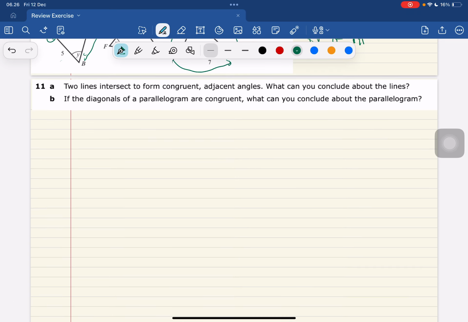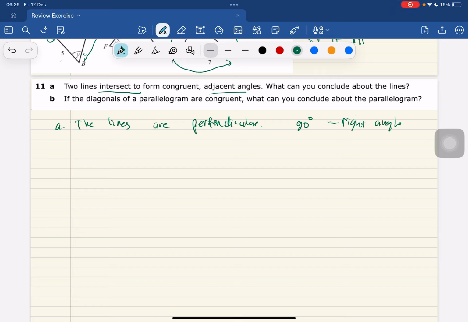Okay, 11. Two lines intersect to form congruent adjacent angles. What can you conclude about the lines? The lines are perpendicular because they make a 90-degree or right angle.